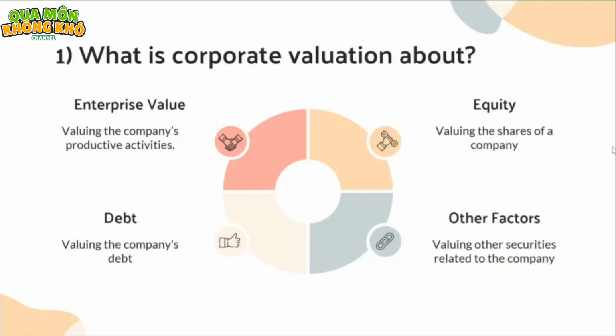When debt is risky, its value depends on the value of the company that has issued the debt. And I would like to mention other factors because we may want to value other securities related to the company, for example, the firm's warrants or options, employee stock options.